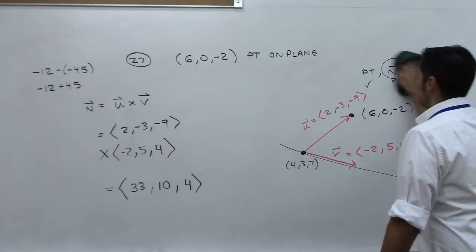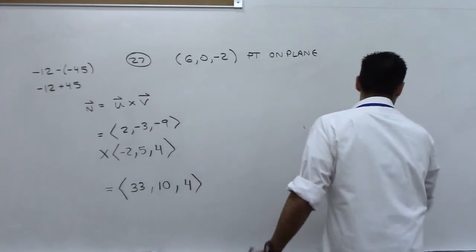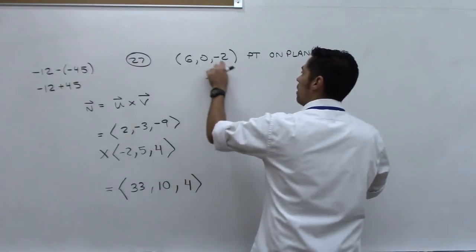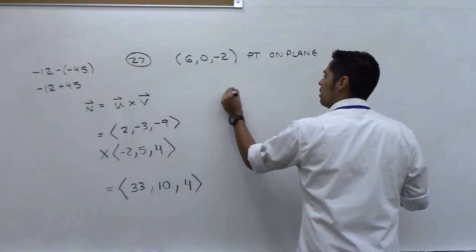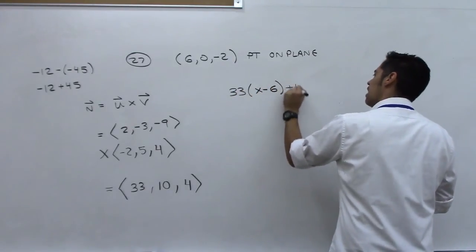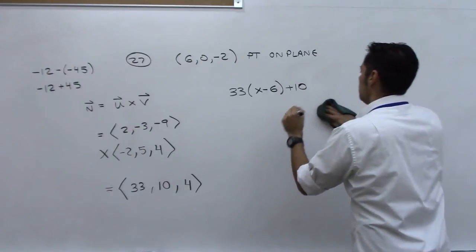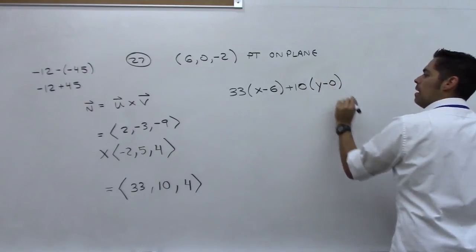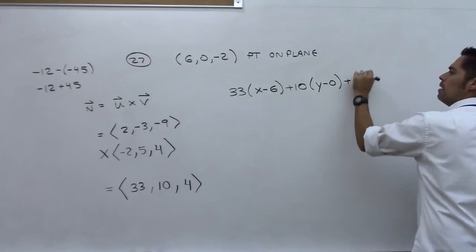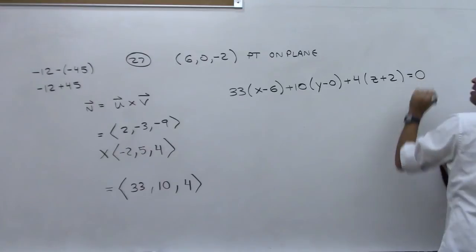And that's all I need. I have a point and a normal vector. I just go into the formula now. Here's my A, my B, my C. And there's my x naught, y naught, z naught. So I'm going to have something like this: 33 times (x minus 6), plus 10 times (y minus 0). So that's just 10y. And then plus 4 times (z minus negative 2), which is plus 2, equals 0.